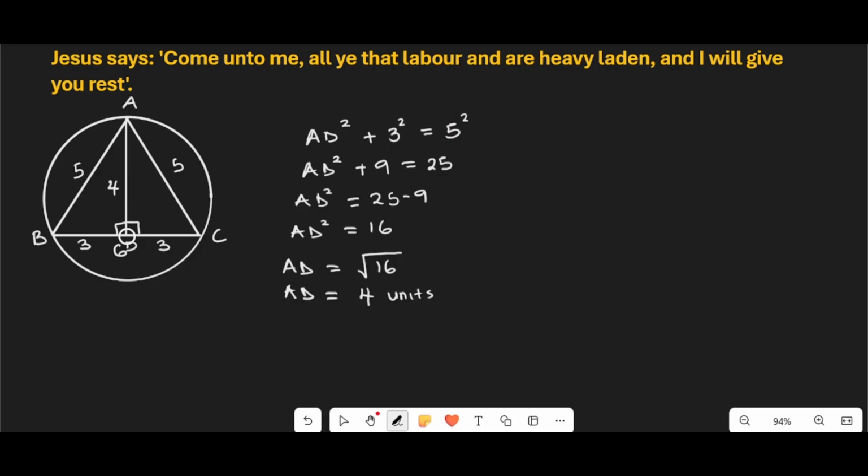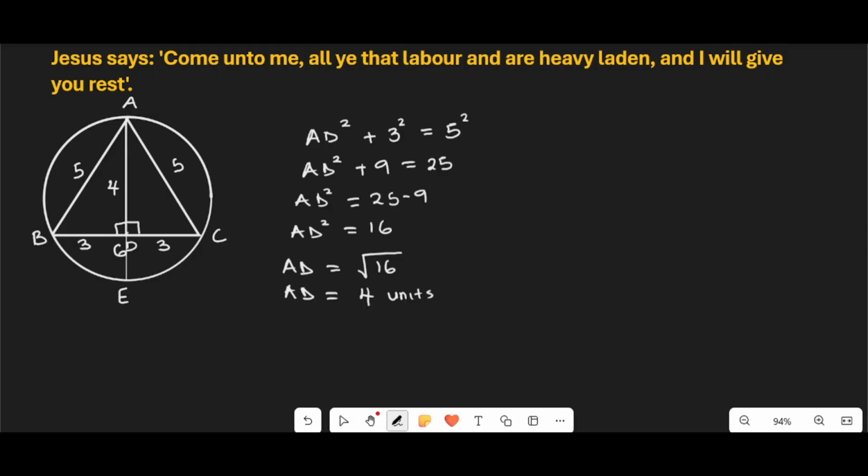Now let us extend the line from this point to a point on the circumference of the circle. Let us label this point E. Line AE is a perpendicular bisector because BD is equal to DC, and the perpendicular bisector of a chord in a circle always passes through the center of the circle.